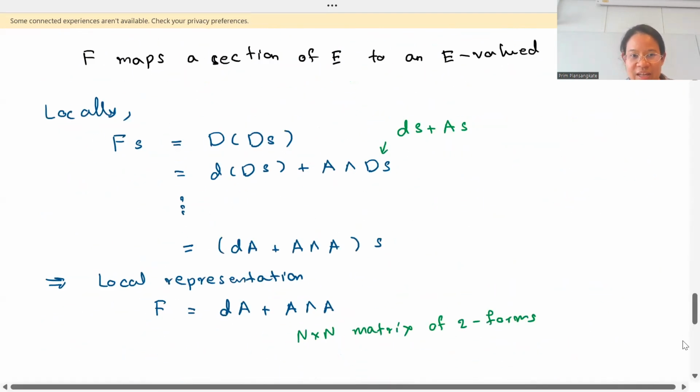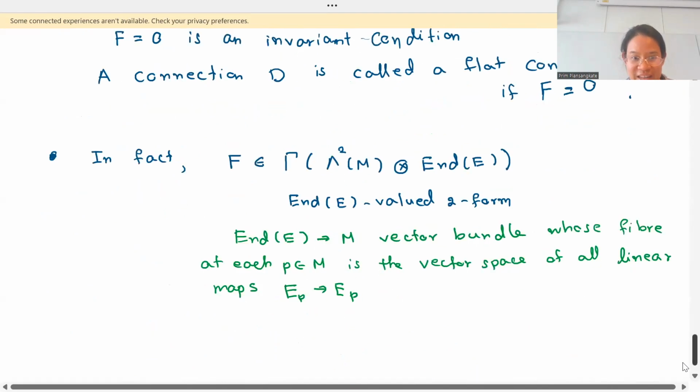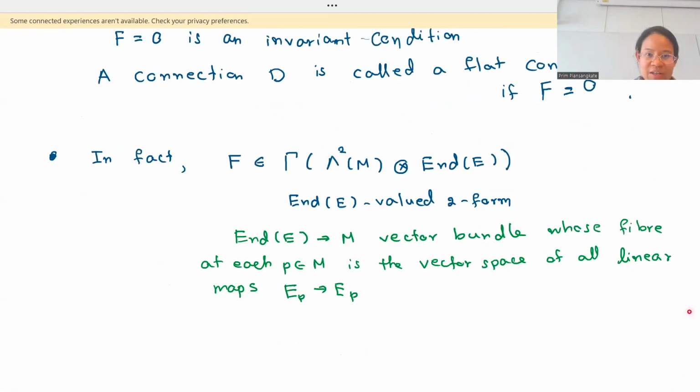And actually, it can be extended still to act on endomorphism valued differential forms like this. Let me just write down the definition.